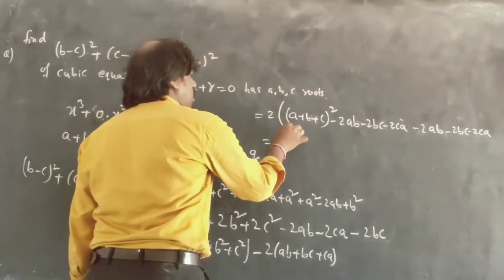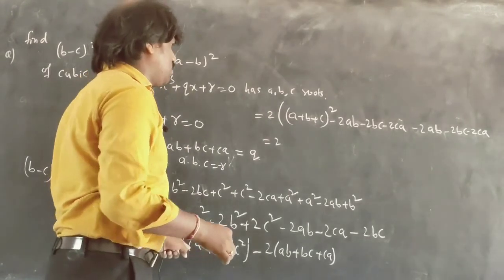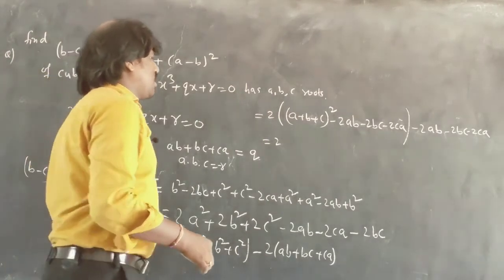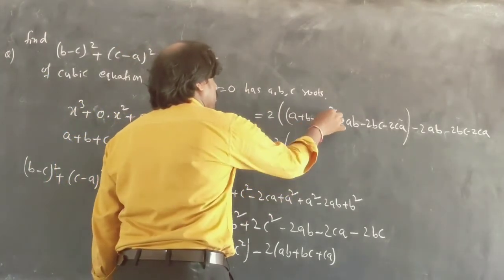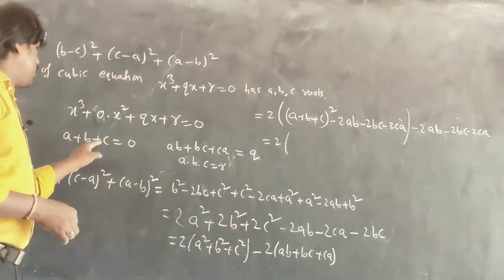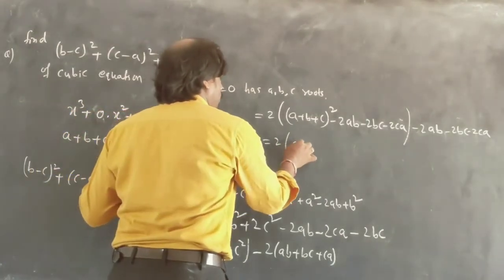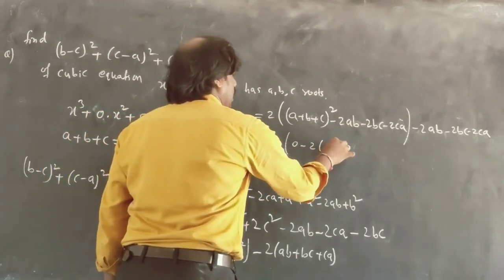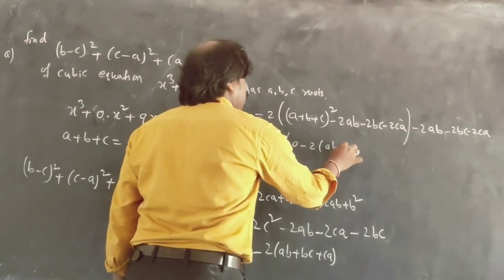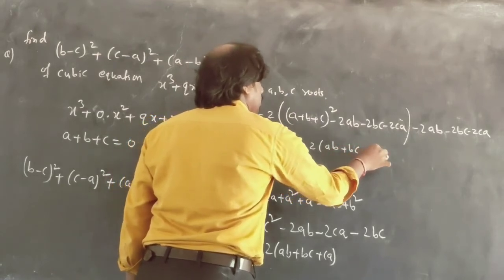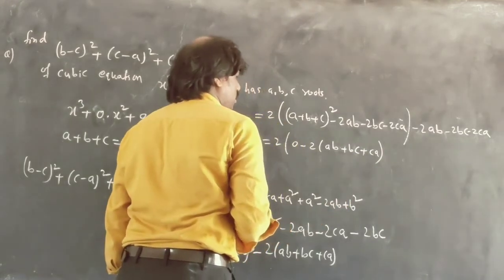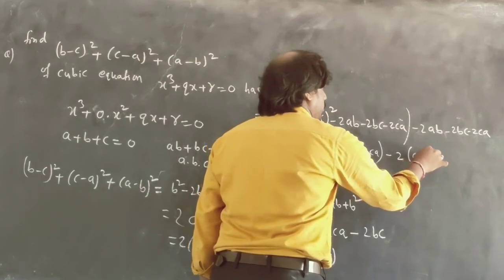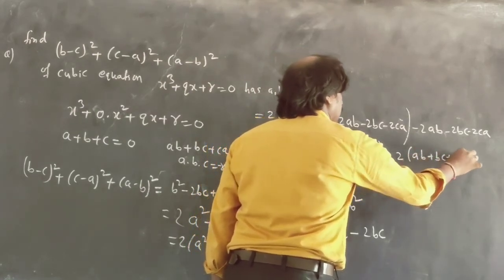So that is 2 times (a plus b plus c) whole square, and a plus b plus c is 0, so I get 0 minus. And if I take 2 common, I am getting ab plus bc plus ca here, and here I am getting minus 2 times ab plus bc plus ca.